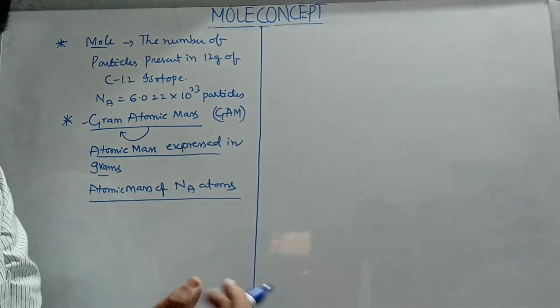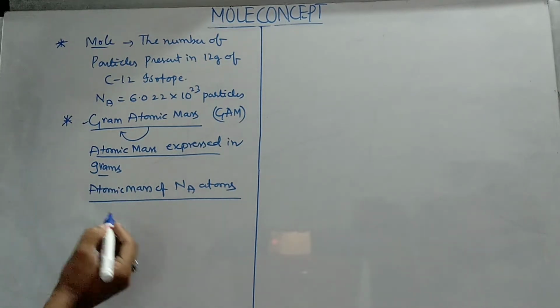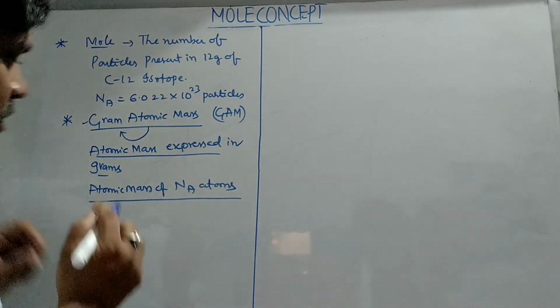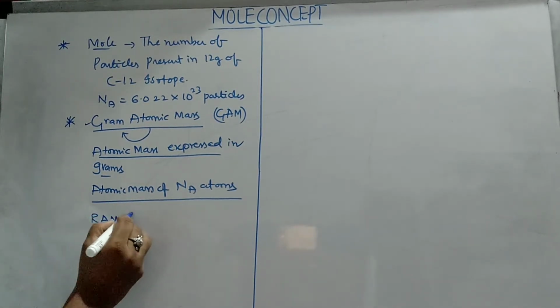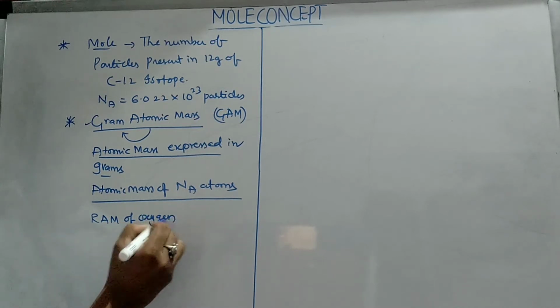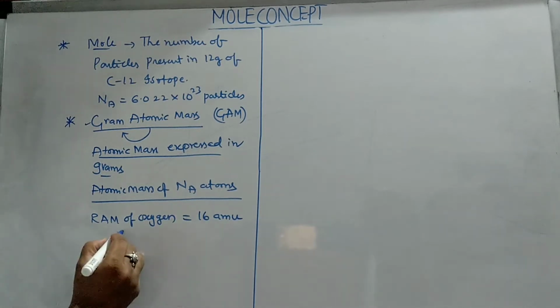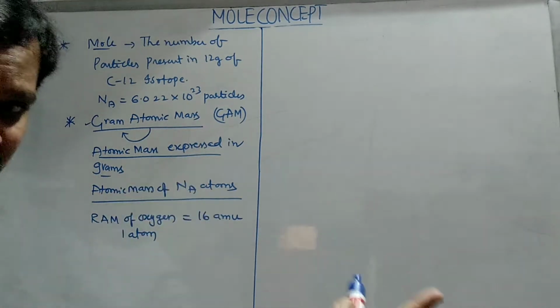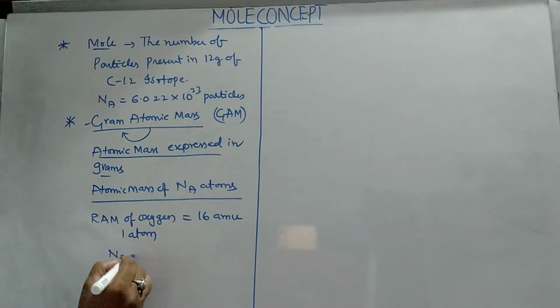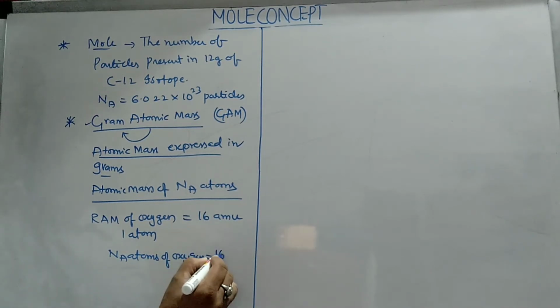Let us take one example to understand it clearly. The relative atomic mass of oxygen, let us take it as 16 AMU. This is for one atom. Suppose you want Avogadro number, that is Na atoms of oxygen, you have to multiply 16 AMU into Na.